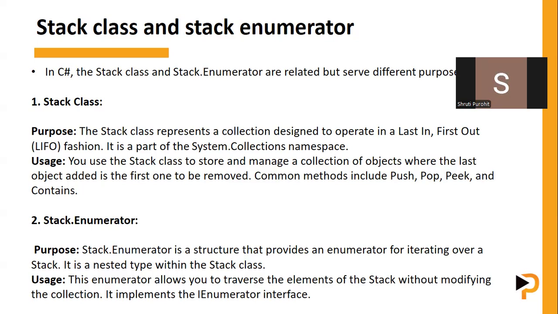The enumerator allows you to traverse the elements of the stack without modifying the collection. It only visits, it only fetches the data. It doesn't allow you to modify the values of the stack. It implements the IEnumerator interface.